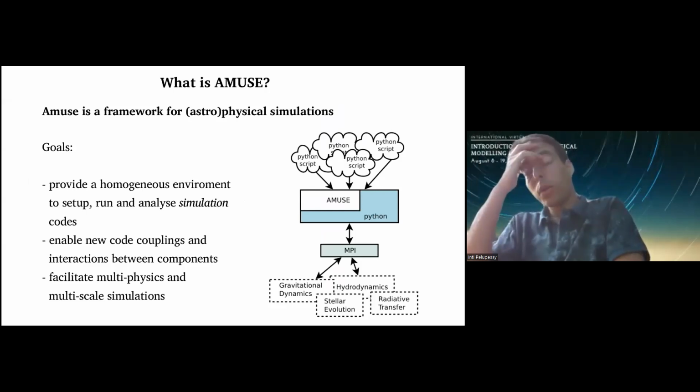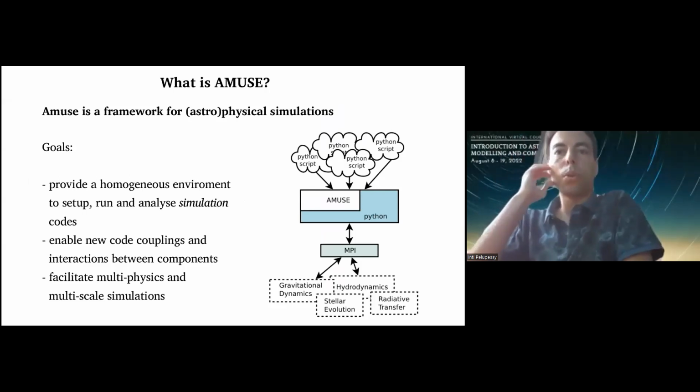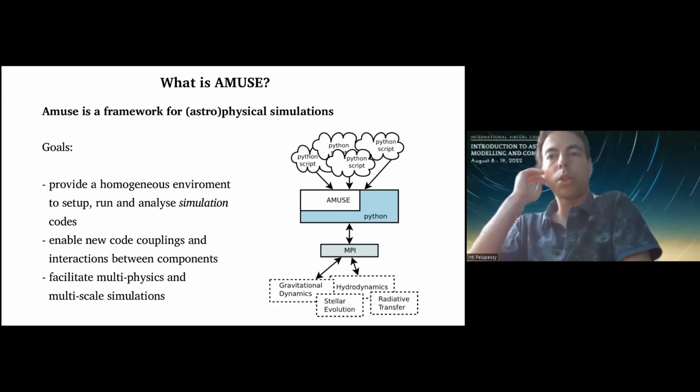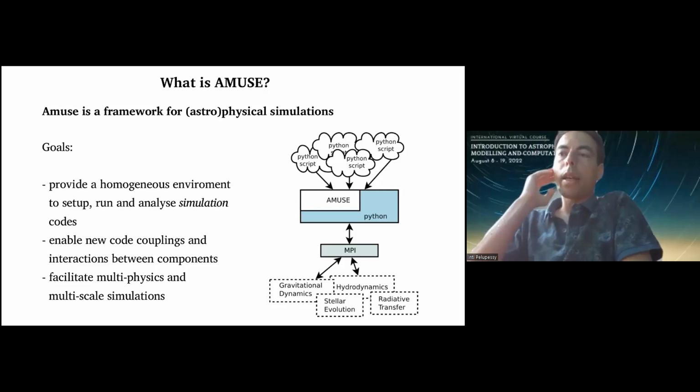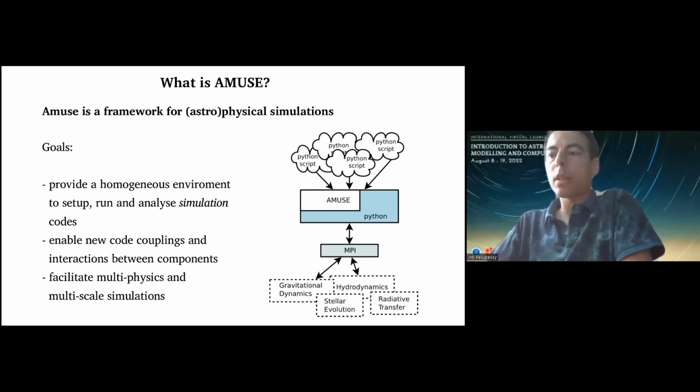The goal when developing AMUSE was to provide a simple environment to run and be able to use existing simulation codes, and to do so in a way that would enable new couplings between the different codes that are included in AMUSE, and in that way facilitate multi-physics and multi-scale simulations. Now that's a bit abstract, but I'll try to walk you through it in a little bit more detail.